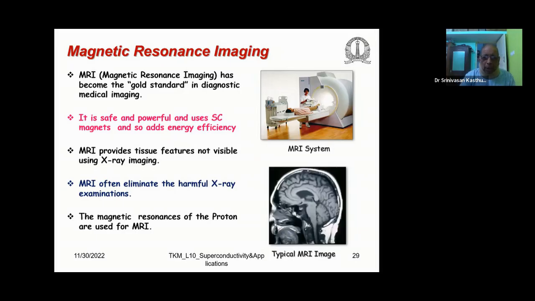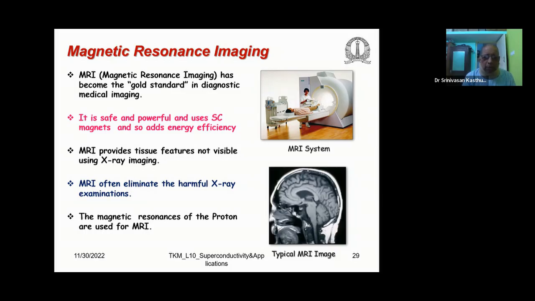You can see an MRI system in which a patient is laid horizontally inside a magnetic field. That magnetic field will be of the order of a Tesla. It is a very safe and powerful system and uses superconducting magnets, so it adds a lot of energy efficiency in the system.